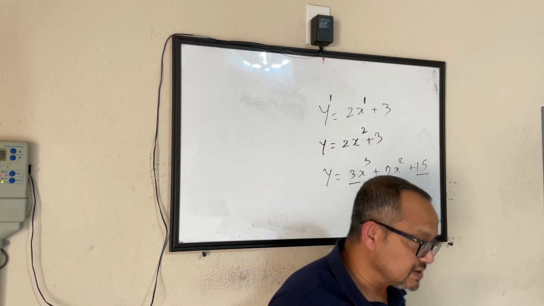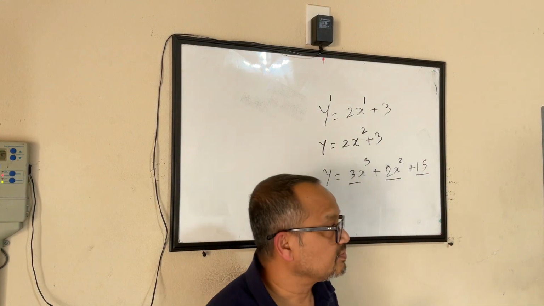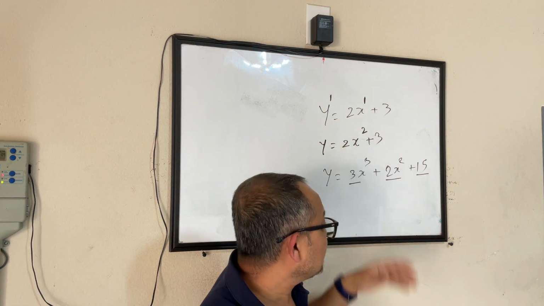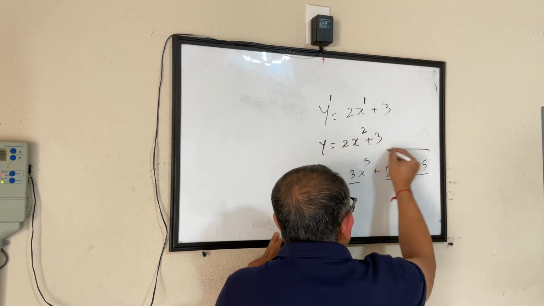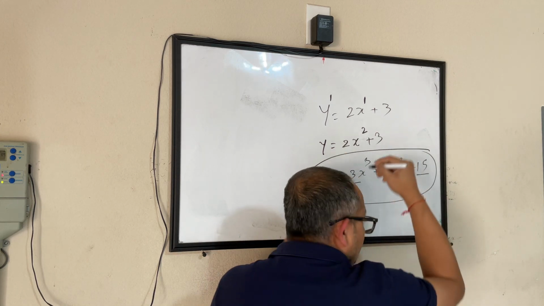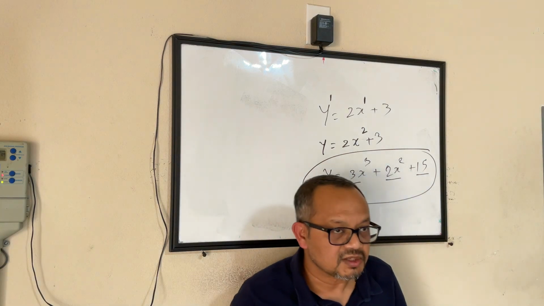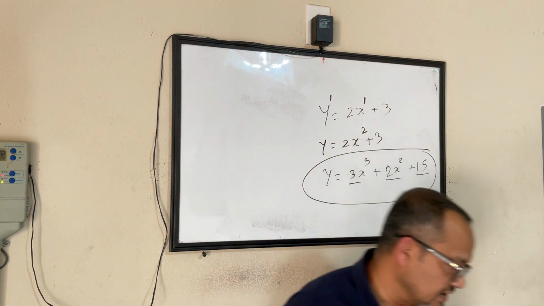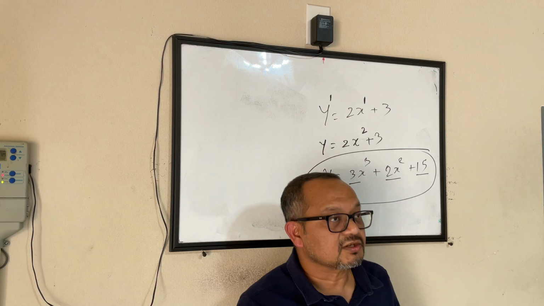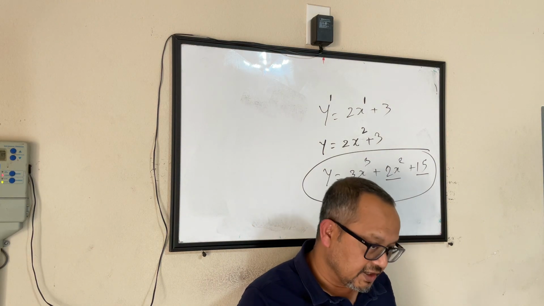So what I'm trying to say is anything and everything that has power more than 2 is what will be covered in the next few classes, which is talking about polynomials or non-linear functions.